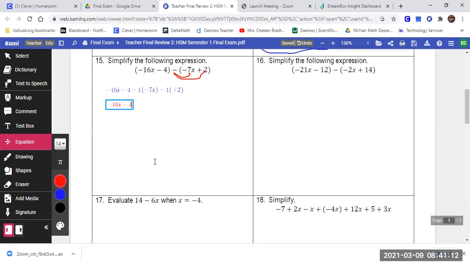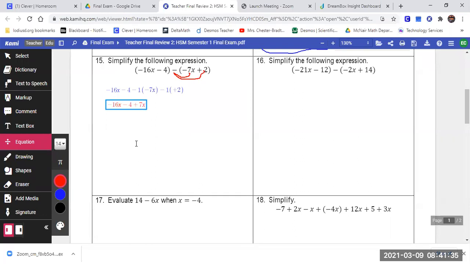What's a negative 1 times a negative 7 going to get me? Positive 7, yep. But I have a negative 1 times a negative 7x. So there's a little bit of an attachment that has to happen. It's not just 7, positive 7x.